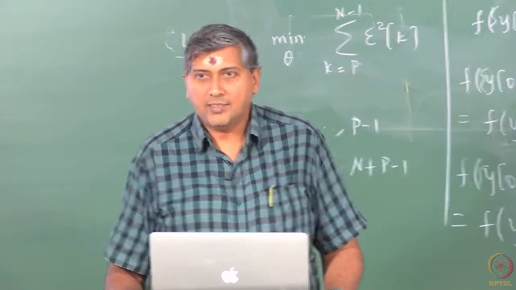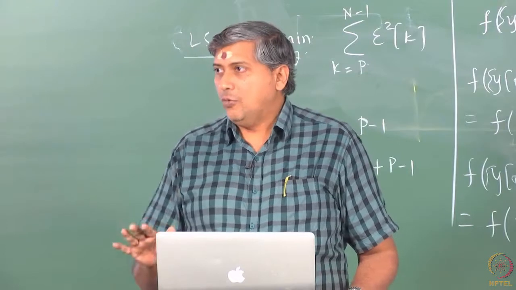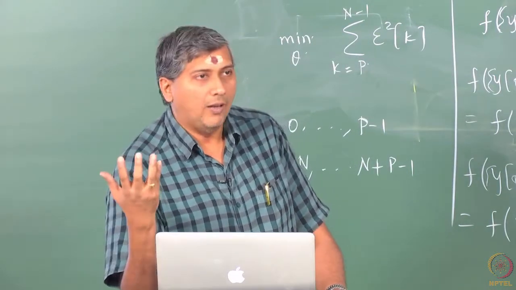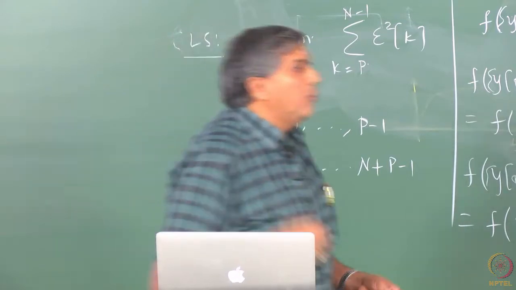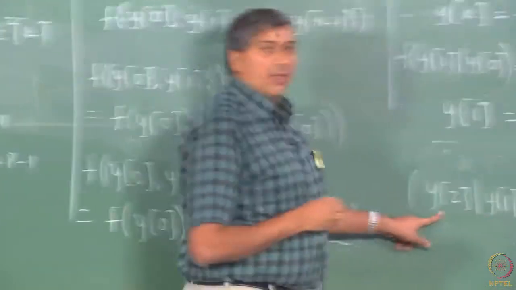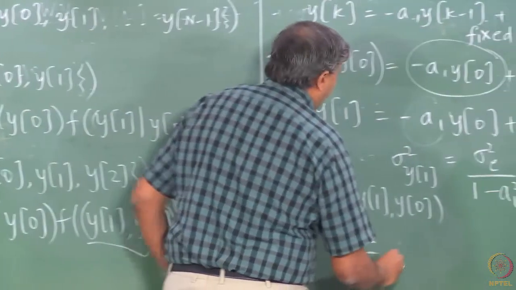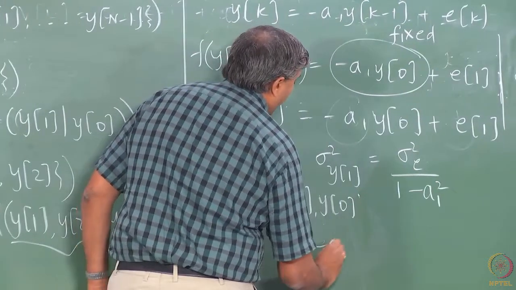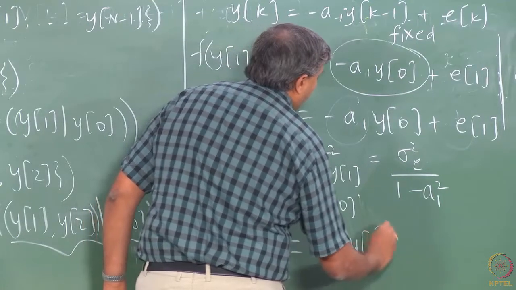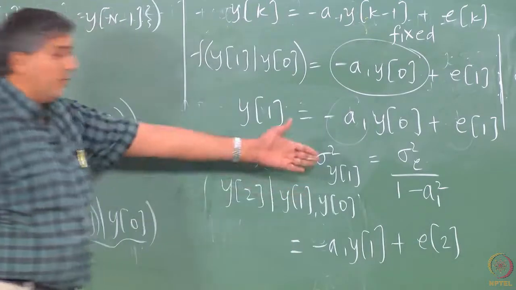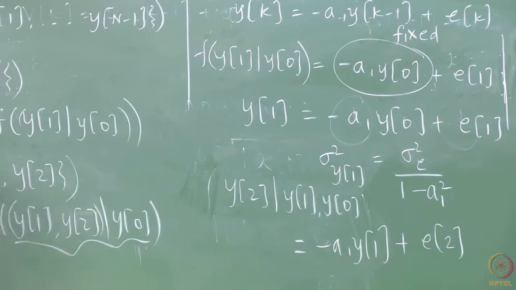For this process, I am assuming the process is AR1, that is a model telling you, the story would be the same. Y2 given y1 y0, what would be the expression? Minus a1 y1 plus e2 given y1 y0, but we do not write that.